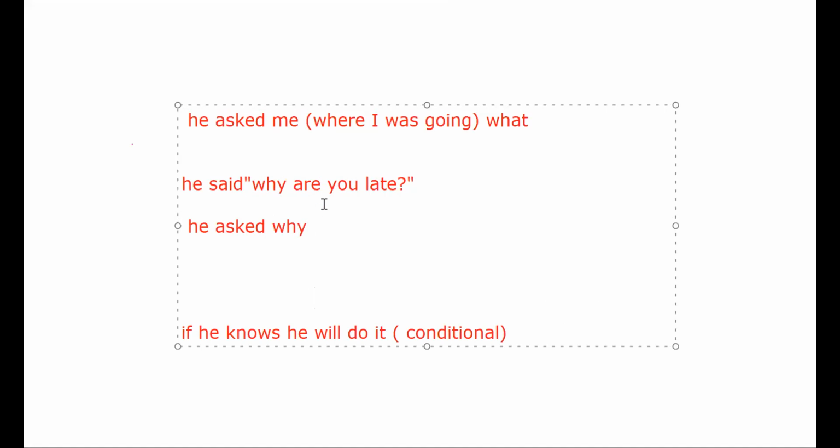Guys, remember, because outside of the inverted commas I have past, and this one should also be past. Or you blindly remember one thing: you take the inside tense one step back. Now, what do I mean by one step back? Check it out.